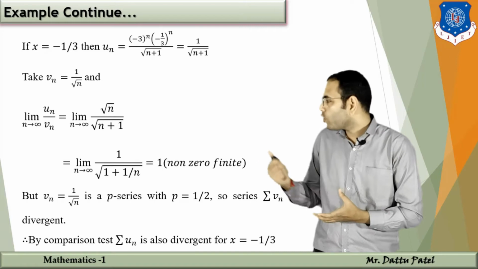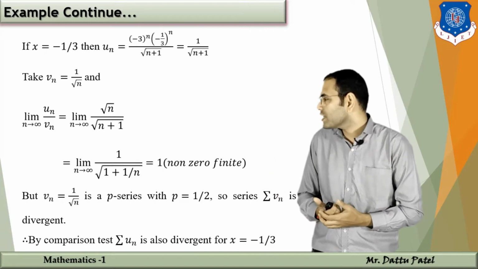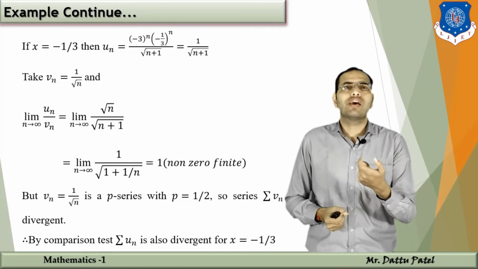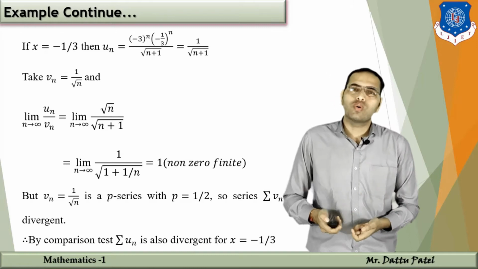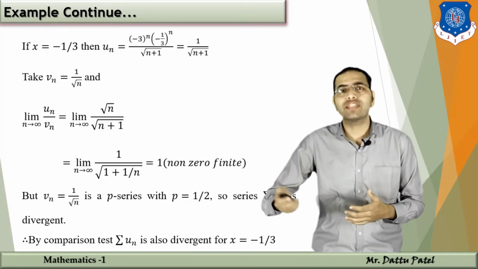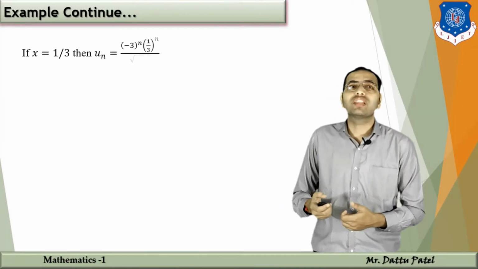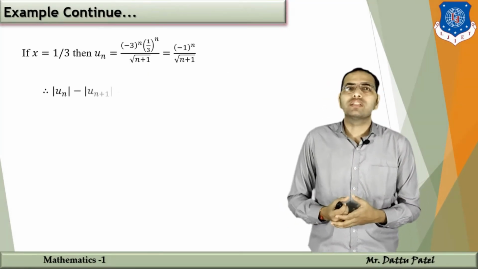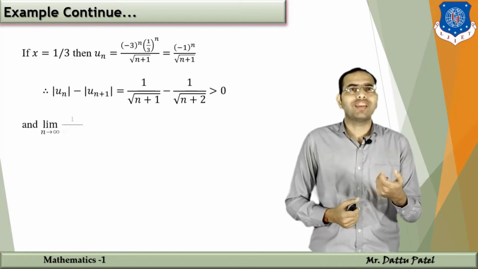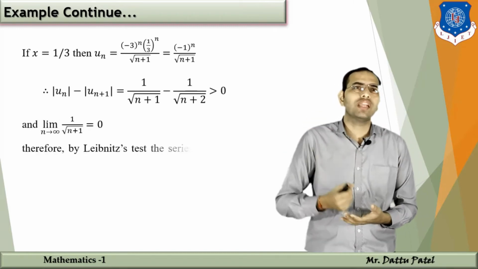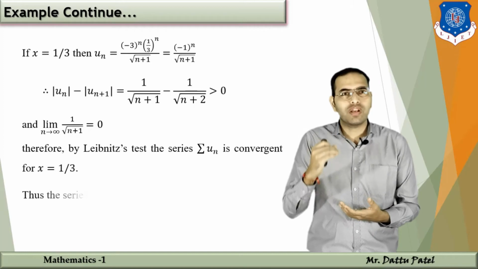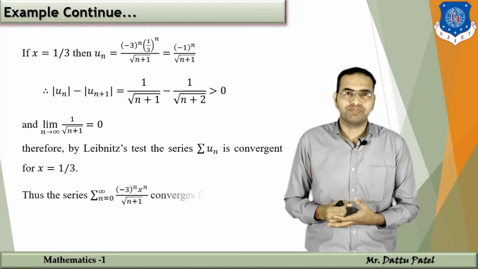That means according to the comparison test, we can say that sigma u_n is also divergent for x equal to minus 1 by 3. Similarly, we have to check for x equal to 1 by 3. Then u_n becomes (-3)^n into (1/3)^n, and in the denominator square root of n plus 1.